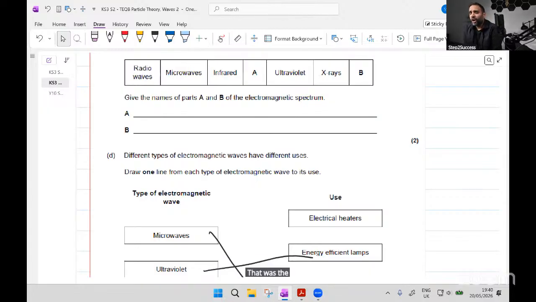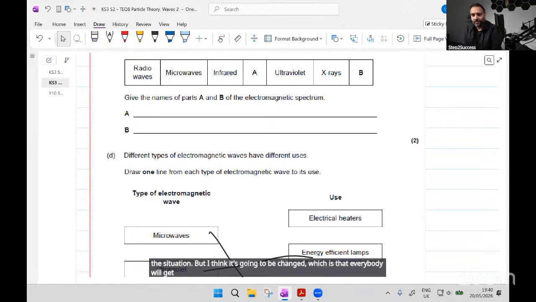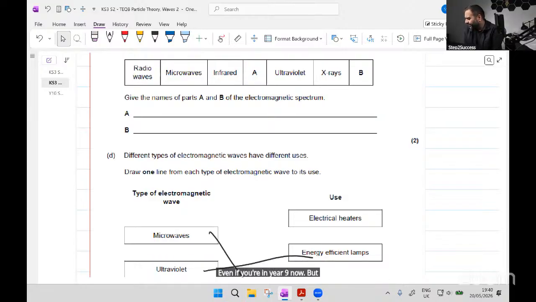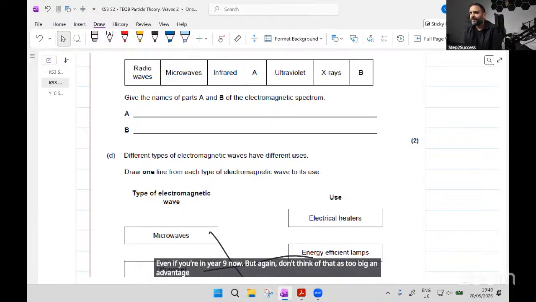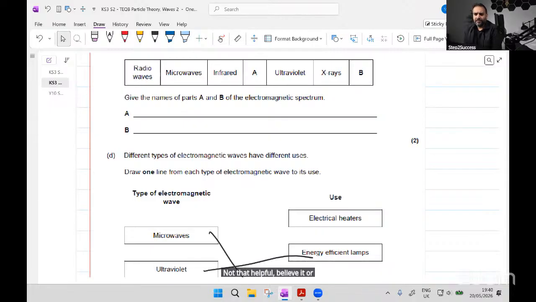I think that is still currently the situation, but I think it's going to be changed, which is that you will continue to get all of the equations, even if you're in year 9 now. But again, don't think of that as too big an advantage. It doesn't really make a difference. It means you have to learn a little bit less, but the equation sheet is still not that helpful, believe it or not.